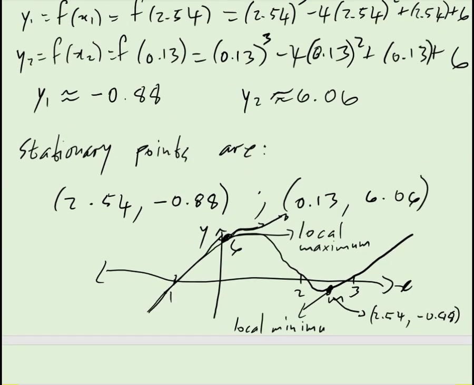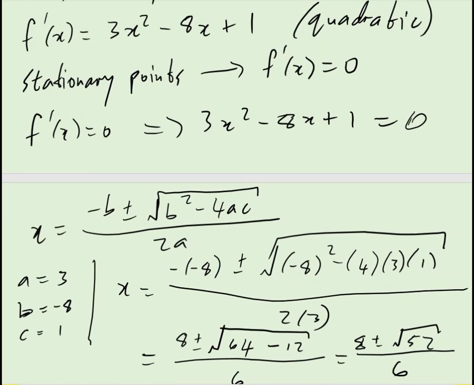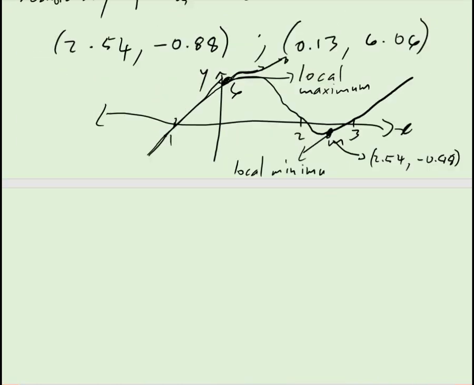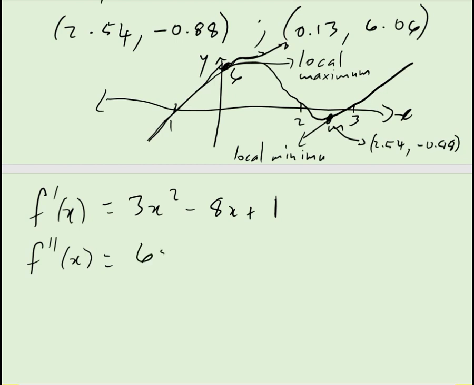So what we do is we take our first derivative, which, if I rewrite it, was f prime of x, which is 3x squared minus 8x plus 1. So the second derivative, the derivative of the derivative, will be 6x minus 8.